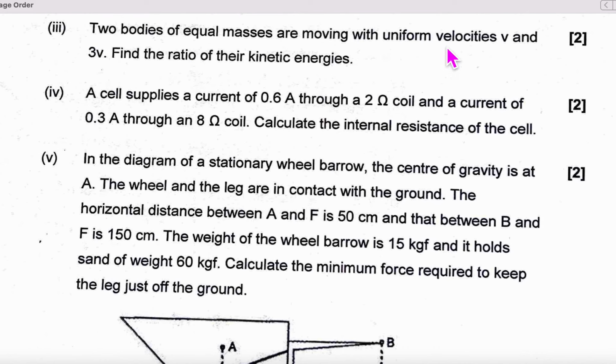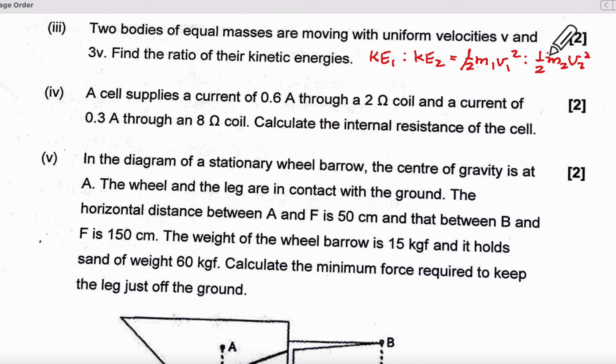So that was pretty simple. Equal masses, two boxes having uniform velocity v and 3v. Find the ratio of the kinetic energy. This is simple. KE1 is to KE2 will be equal to half m1 v1 square is to half m2 v2 square.